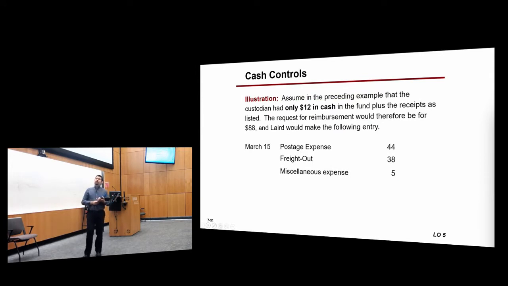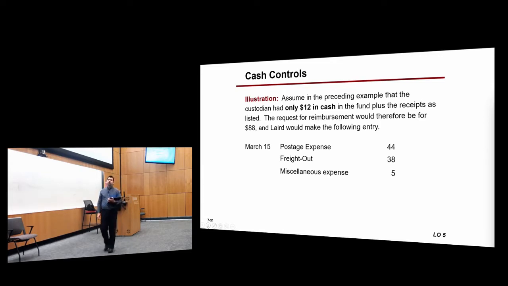So let's take this example. Assume that in the same example, instead of having $13 in your drawer, you had only $12. That means there's $1 that went missing. It's the custodian's job to make sure that no money was missing. However, things happen in life. Maybe someone dropped that dollar from their pocket.